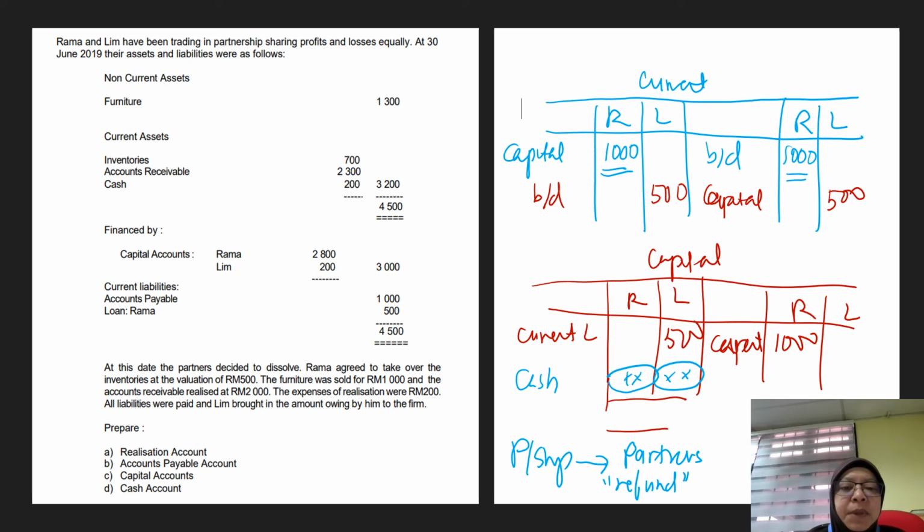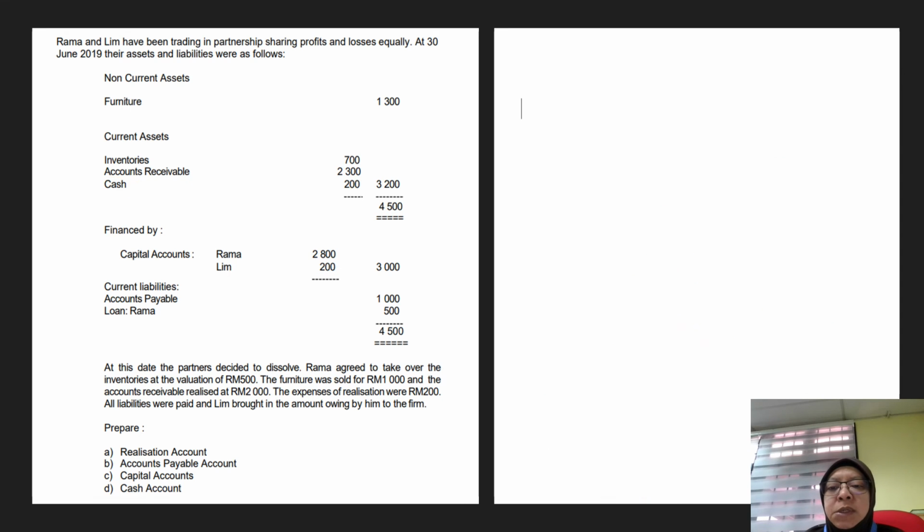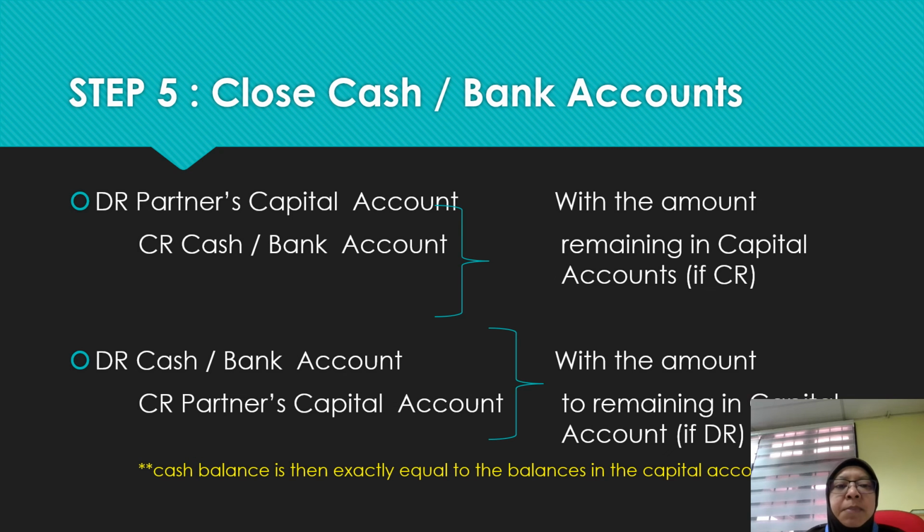Once we did that, it shows that our capital has been closed. Capital and current will be closed. Okay, the remaining account that is still open is our cash account. This will be the last one that we will close. And now this is in the next step, step number 5. It shows how to close the cash or bank account depending on the balancing figure in the partners' capital accounts.